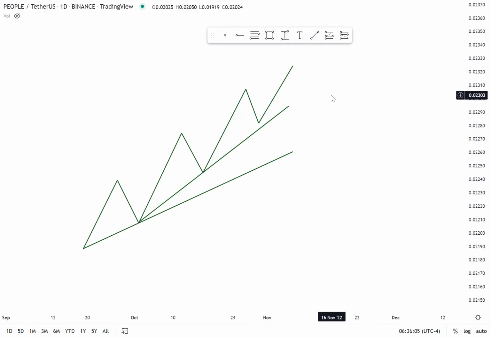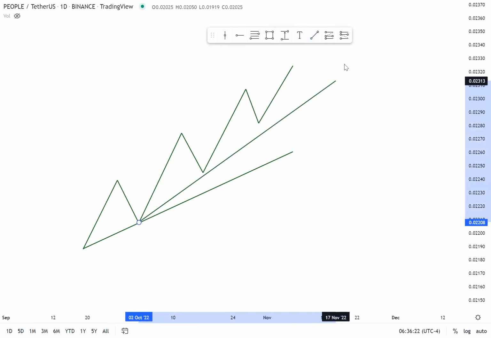All right. So now we have that. So how do we know price is actually ready to break out of this, or price is ready to actually move out and then reverse, probably to start selling, right?